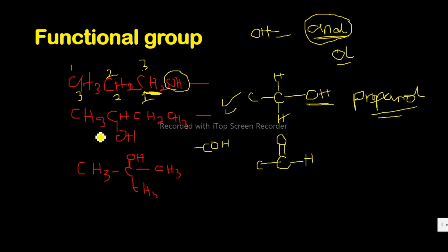Then for this one, the OH is on carbon number 2, but it is 1, 2, 3, 4. Now you can't count from here to here, because if you count from here it will be 1, 2, 3, and the OH will be on carbon number 3. But if you count from left to right, the OH will be on carbon number 2. So we shall take this direction. Therefore our OH is on carbon number 2. But it is 1, 2, 3, 4, so it is but.